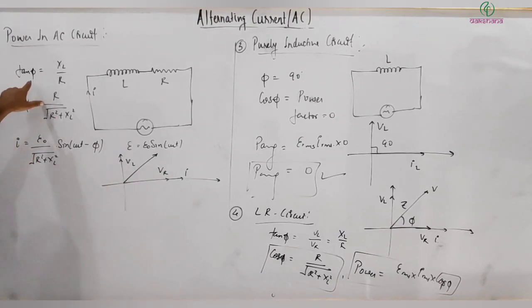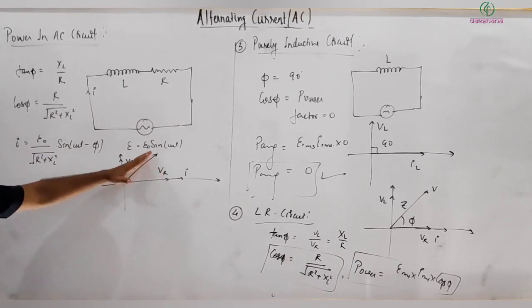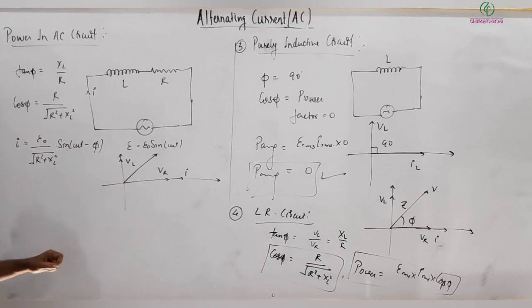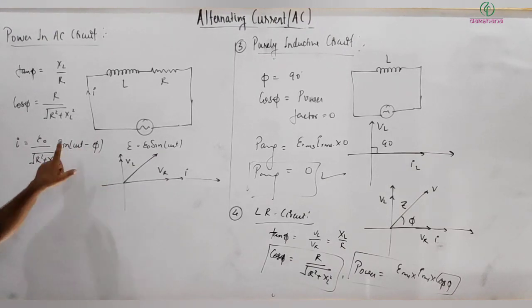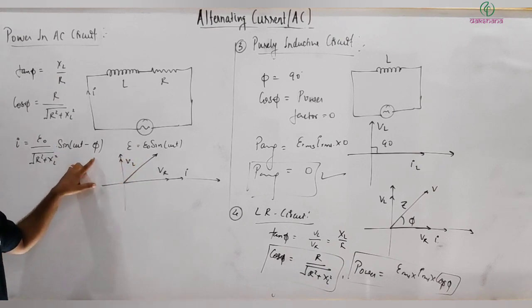So I can get tan phi and cos phi, and the current in the circuit will be lagging the voltage, so it will be sin of omega t minus phi. So the phase difference between the current and the supplied voltage is exactly phi.